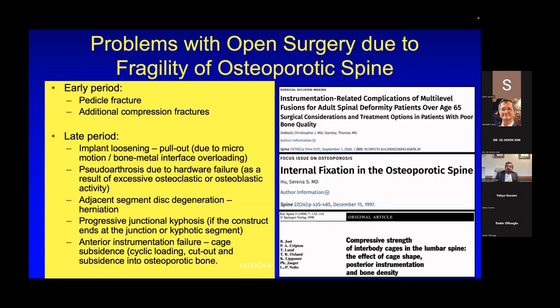And we have some problems during the surgery, due to fragility of the osteoporotic spine. In early periods, I mean during the surgery, and also immediately after operation, we can have pedicle fracture.